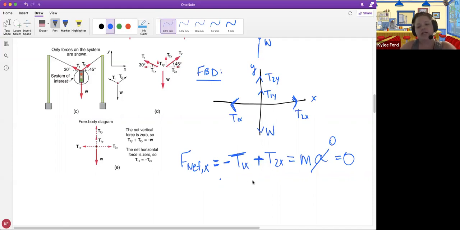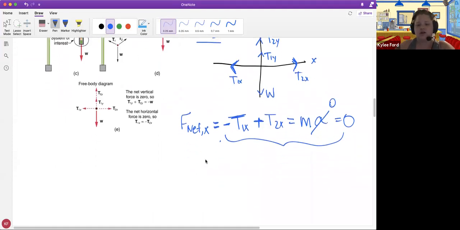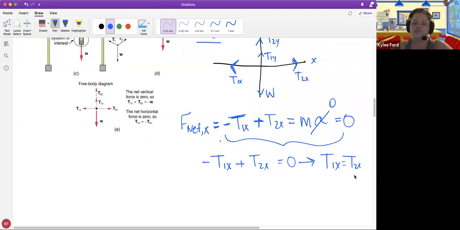Okay, so our F net in the X direction is equal to 0. And so we can look at this now as one equation. So now we have minus T1X plus T2X equals 0. Okay. Or we can rewrite this as T1X equals T2X. Okay. So that is our very first equation.